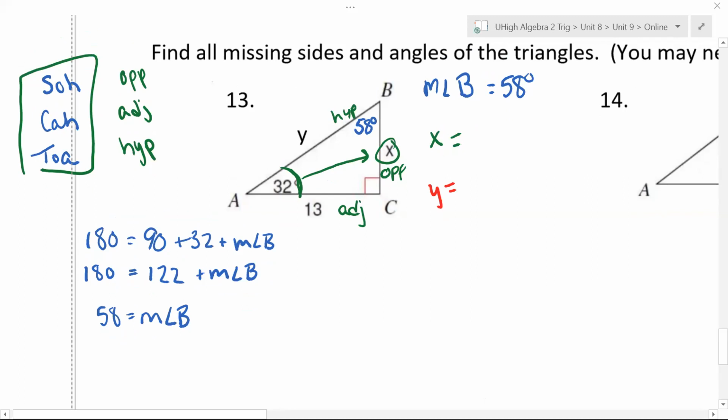In order to find my x value, I'm going to have to use my opposite and my adjacent because I don't know the value of my hypotenuse right now. So when I look over here, which trig function uses my opposite and my adjacent? Well, that's going to be my tangent.